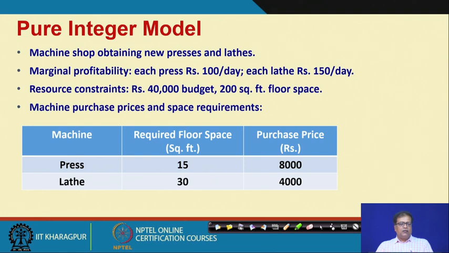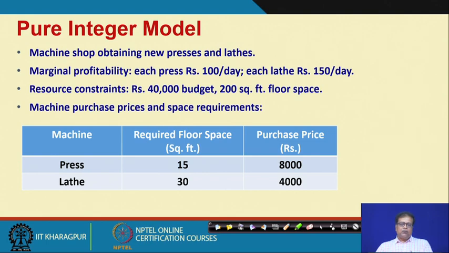We want to buy a number of presses and a number of lathes, but then our total budget is 40,000 rupees only and we have 200 square feet of floor space, and these are the machine details, the price and the required floor space details.